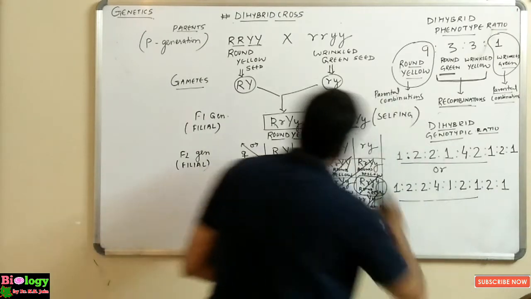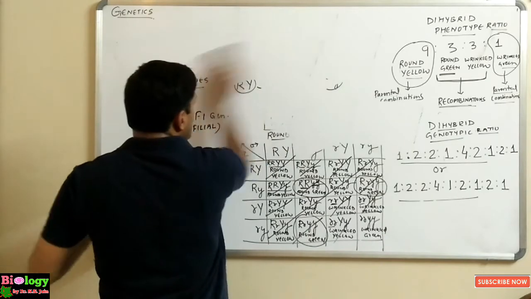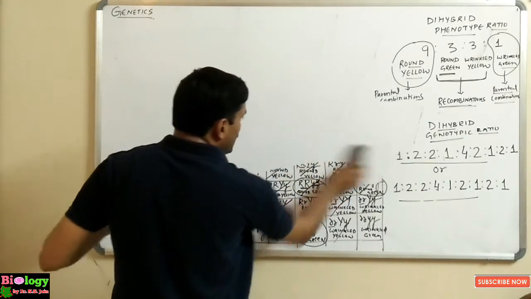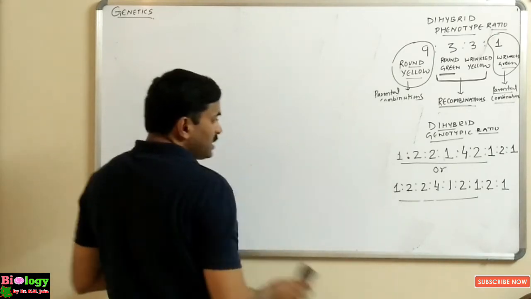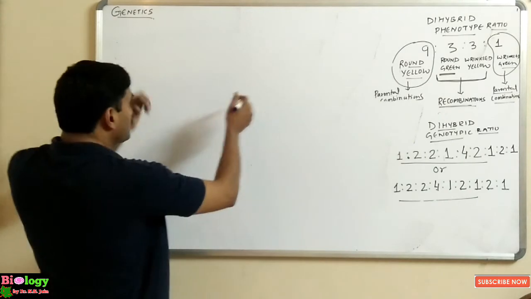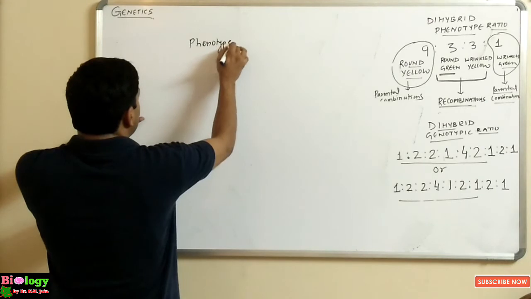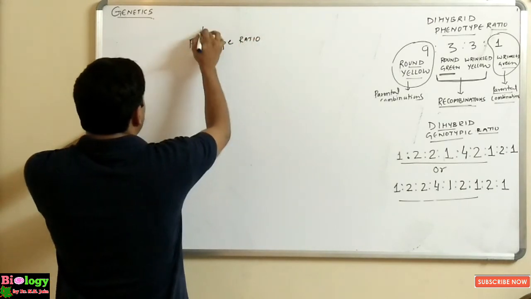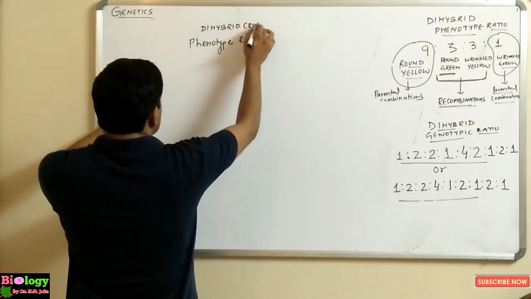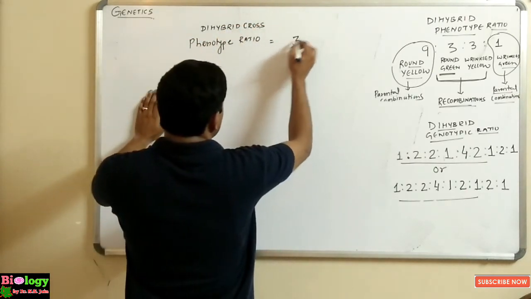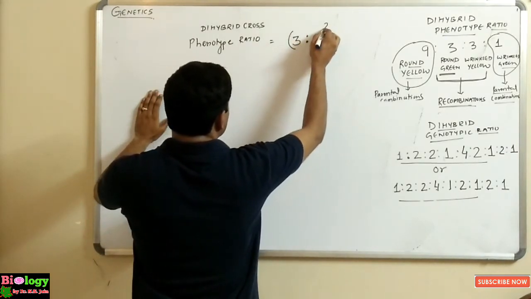Okay, so let's have a look at how we will get the 9:3:3:1 ratio, and how we will get the genotypic ratio 1:2:1:2:4:2:1:2:1. So see here, if we want to calculate the phenotypic ratio of a dihybrid cross, we'll be using the formula 3:1 raised to the power 2.